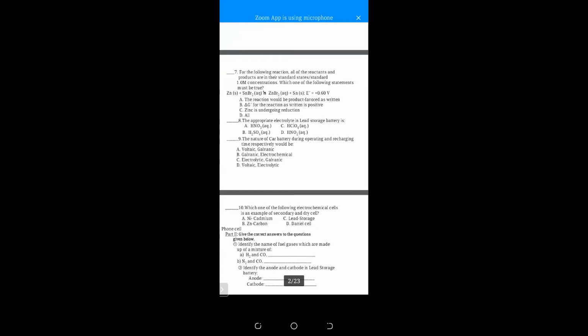Yes. Number 8. The appropriate electrolyte in lead storage battery. This is simple. In lead storage battery, the electrolyte is what? Nitric acid, sulfuric acid, perchloric acid, nitrous acid. The answer is sulfuric acid, H2SO4. That is why we can say, what type of cell is it?